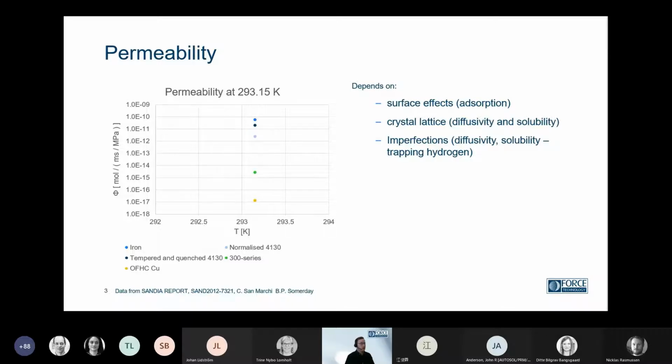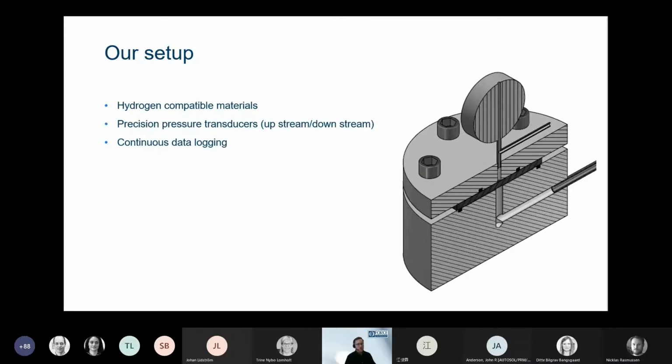To talk a little bit about how we are testing hydrogen permeability on different materials. This is a simplified figure of our little test cell.